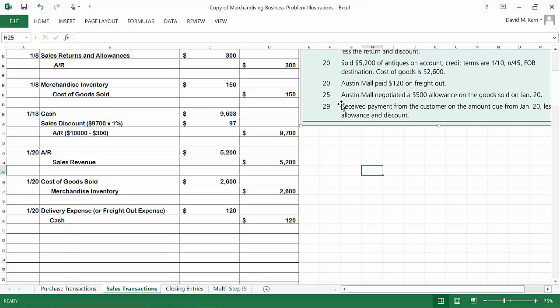The next one, it says here on the 25th, Austin Mall negotiated a $500 allowance on the goods sold on January 20th. Now remember, an allowance is different because the inventory is not coming back to us. So we're just going to have to reduce the amount that they owe to us, and we're not getting the goods back.